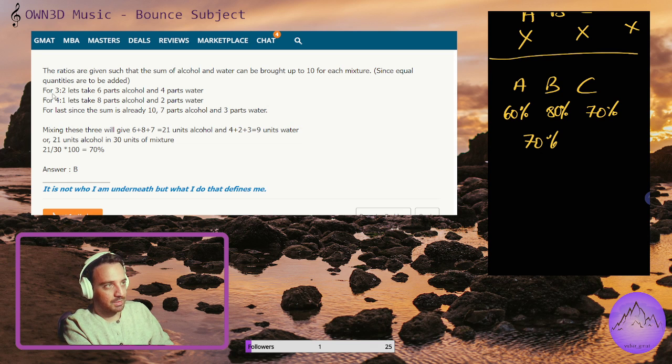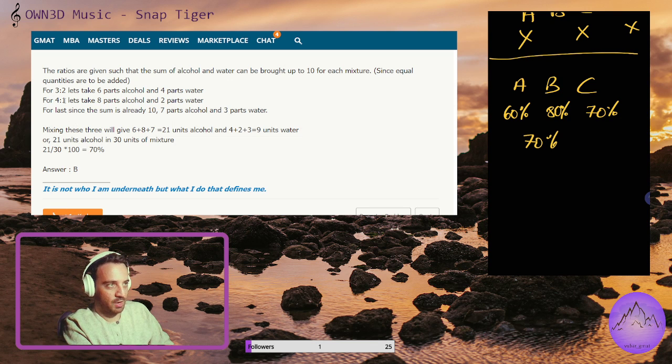And so getting all three of them to the same ratio, so out of 10 parts, for example, would be a lot more important then, because then we can compare them.